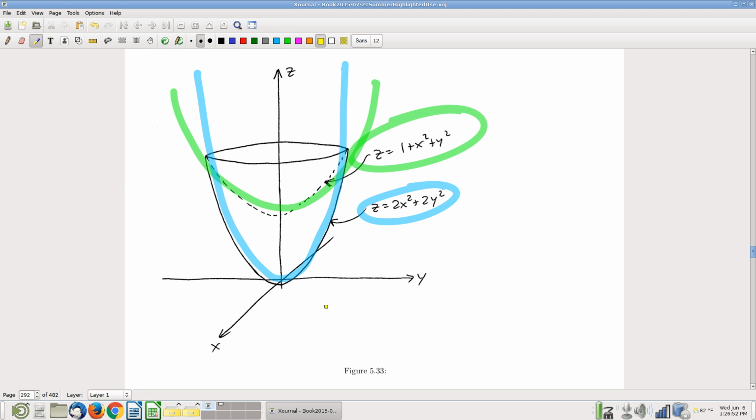Likewise, this region in here that wraps around on both sides, well, whatever that thing is, that region's not bounded. It just keeps getting bigger and bigger in the upward direction, so not bounded. So we are interested in this region.